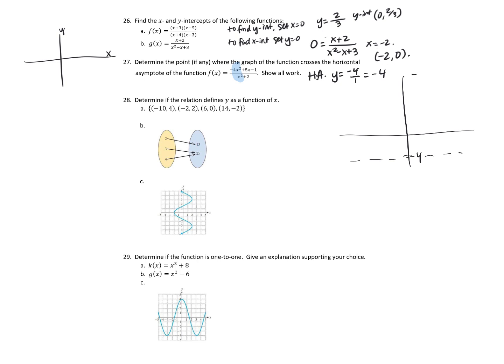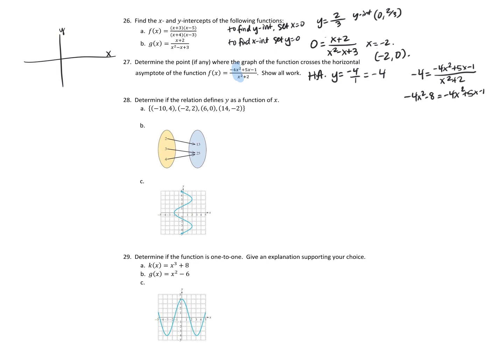So I can say negative 4 is equal to negative 4x squared plus 5x minus 1 over x squared plus 2. So I can multiply the x squared plus 2 over, and that'll give me negative 4x squared minus 8 equals negative 4x squared plus 5x minus 1.